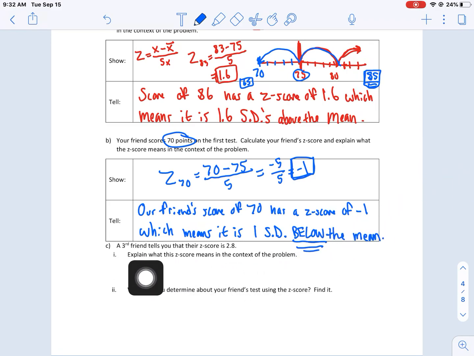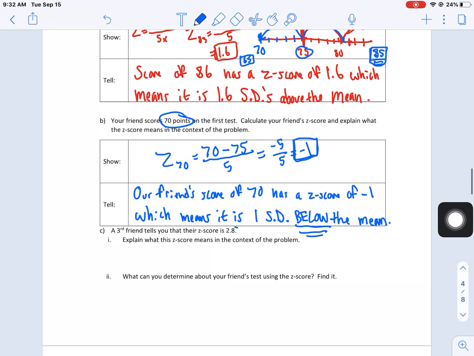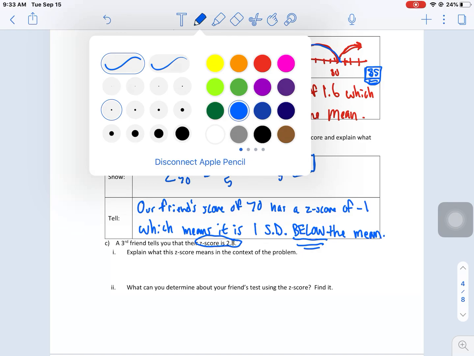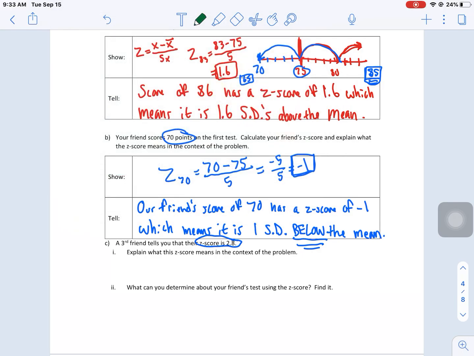Alright, last question for today: our friend tells us that their z-score is 2.8. So think about this. He has a z-score of +2.8. Explain what their z-score means.